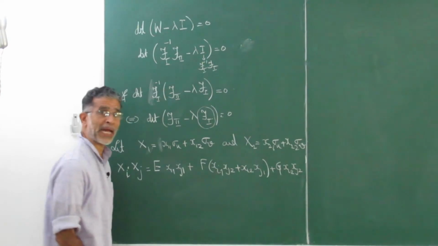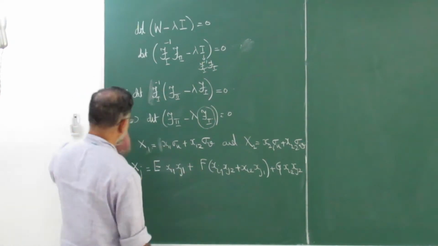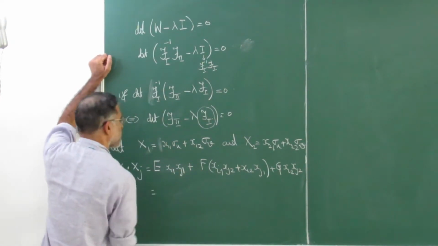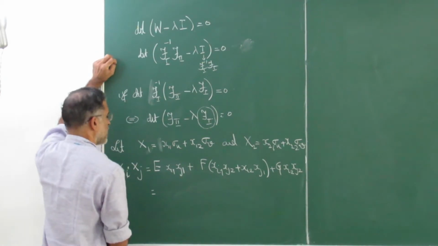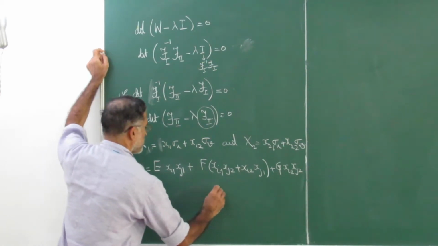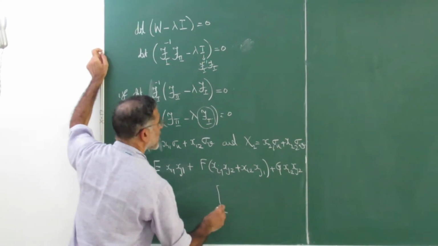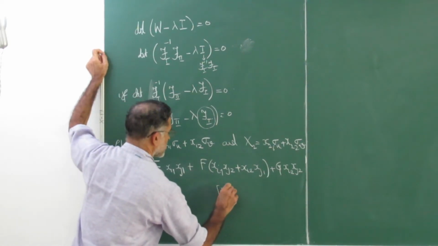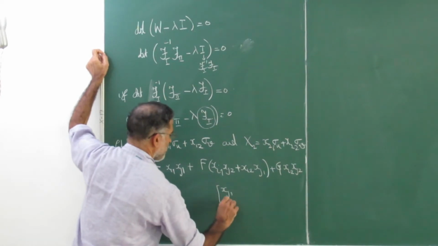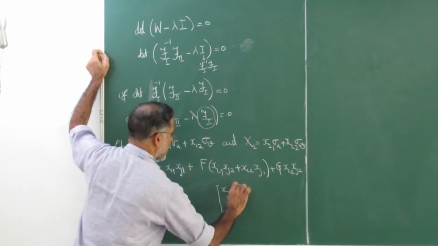So this is what you get. If you take out the common factor, let me write xj1 xj2 as a matrix.